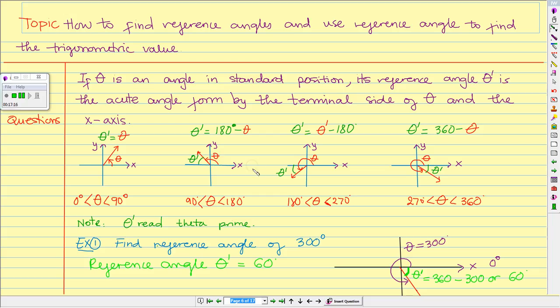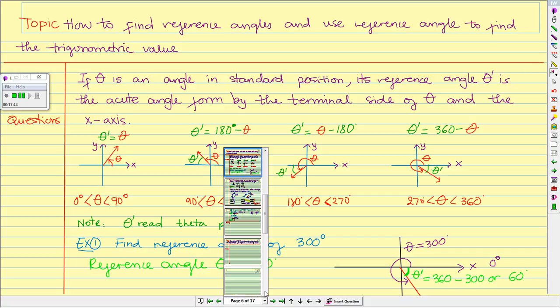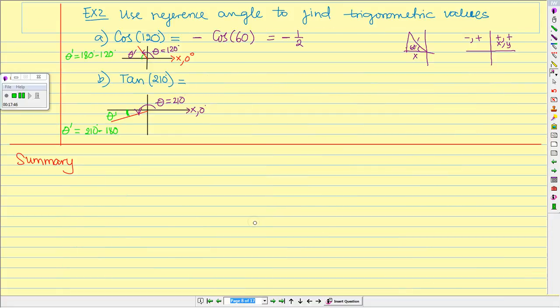Now in case you ask why we have to do that, do you remember the note we showed you at the beginning? If the terminal side of the given angle theta is in quadrant 3, or the given angle is between 180 and 270 degrees, you take the given angle minus 180 degrees.